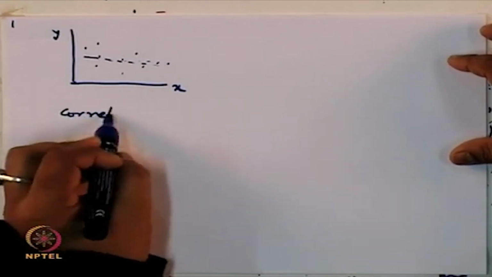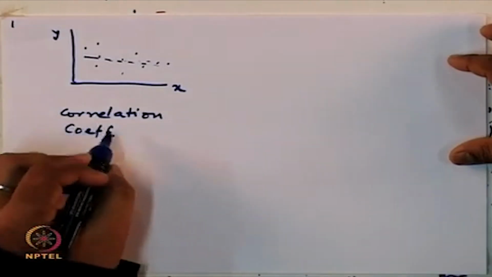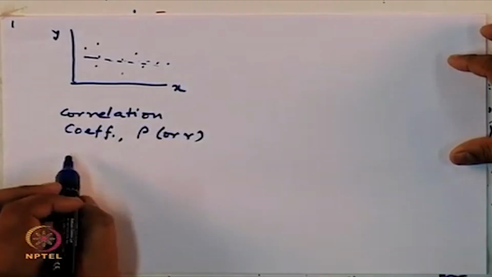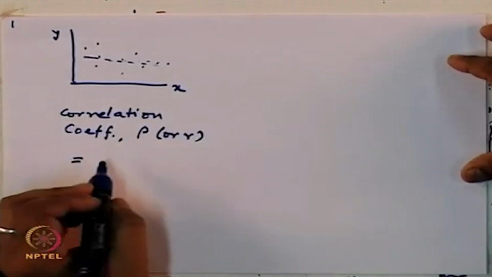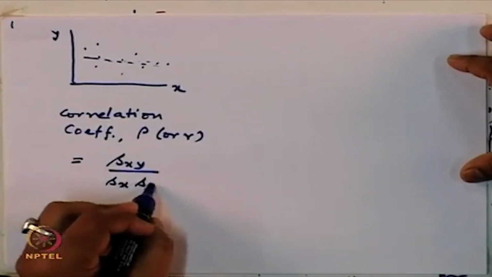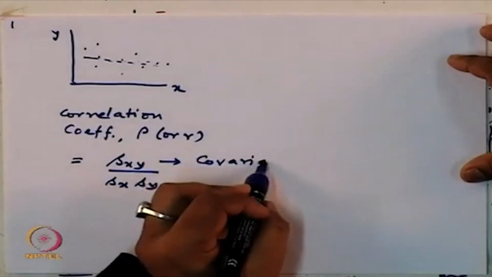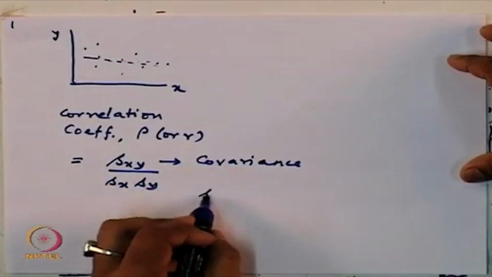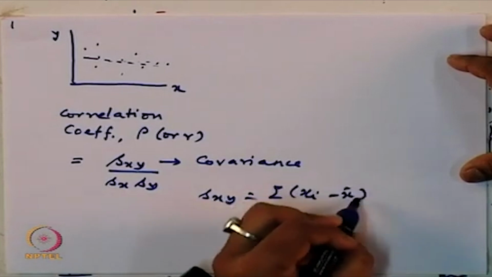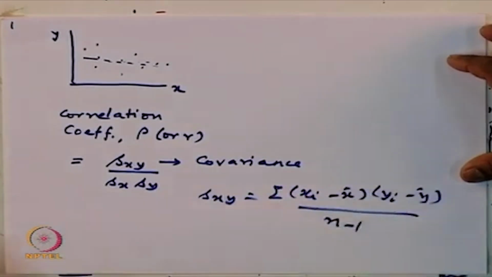The correlation coefficient is written by either rho or r, and it is defined by s xy by sx times sy, where s xy refers to the covariance, defined by s xy equal to the summation of xi minus x bar into yi minus y bar, whole divided by n minus 1.